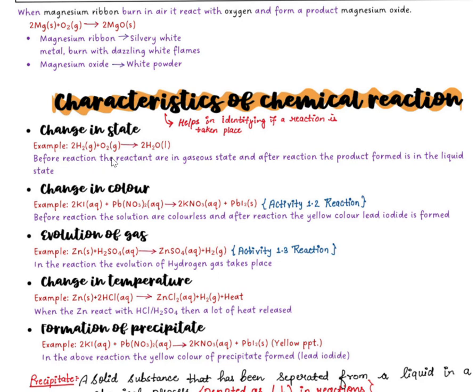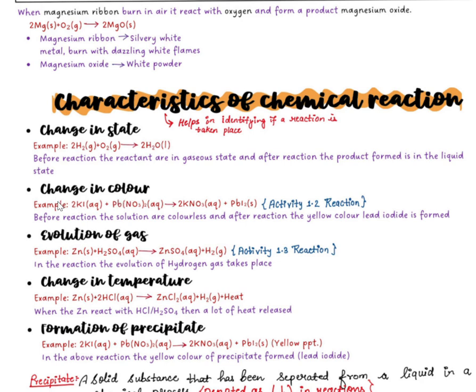Now hydrogen and oxygen are both in the gaseous state, but the water formed is in the liquid state. So before the reaction, the reactants are in the gaseous state, and after the reaction, the product formed is in the liquid state. So in this reaction, a change of state happens.